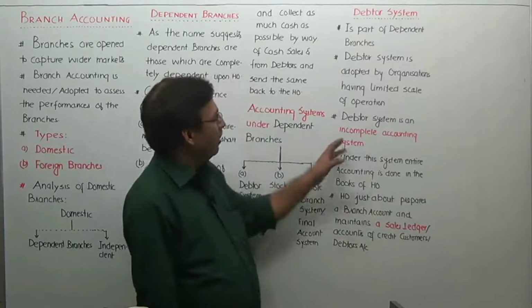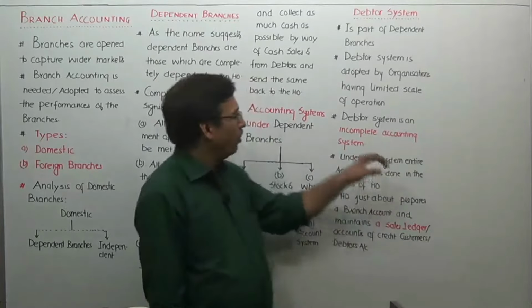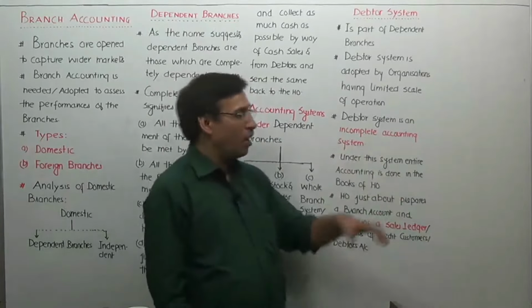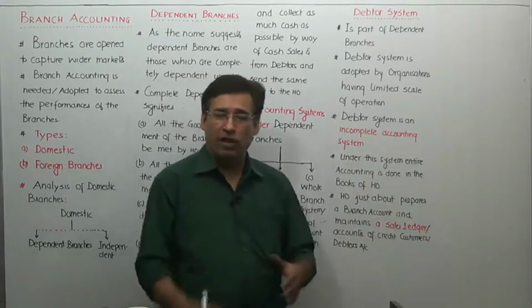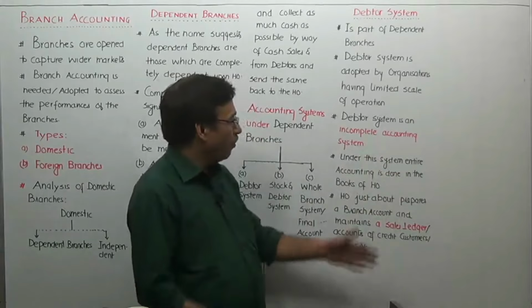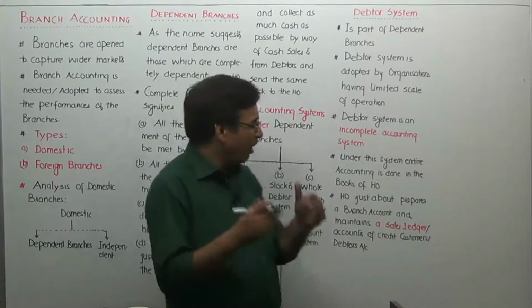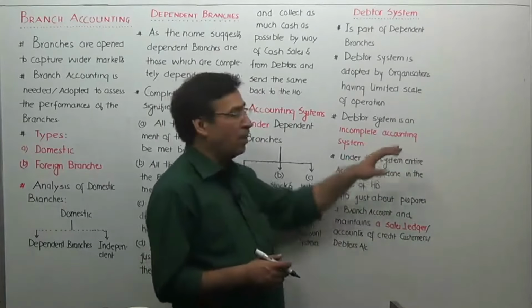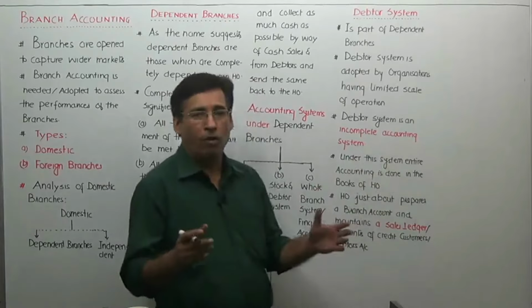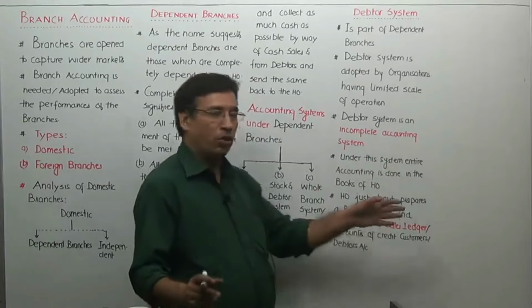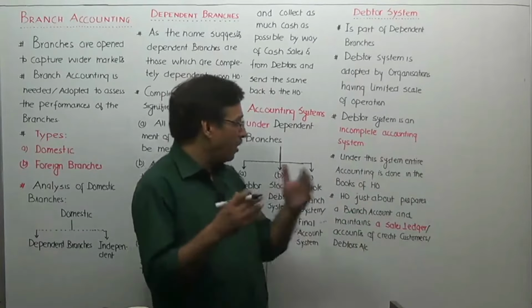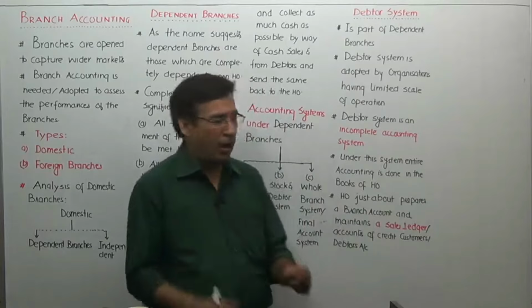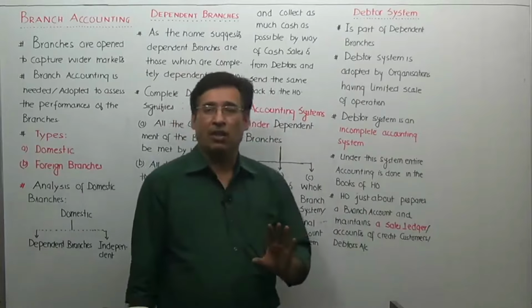Now, at earlier stages of our discussion, I told you that it's an incomplete accounting system. To be very honest with you, I need not give any elaboration regarding that, because most of you by now must have understood why it is an incomplete accounting system. It is obvious because we have just gone through the fact that under this system, head office is just maintaining a branch account and just one sales ledger.